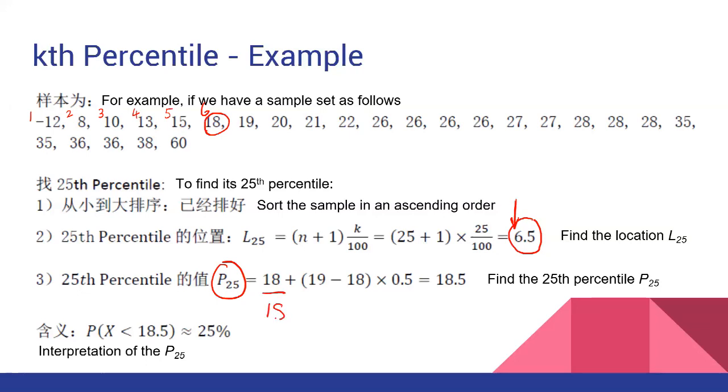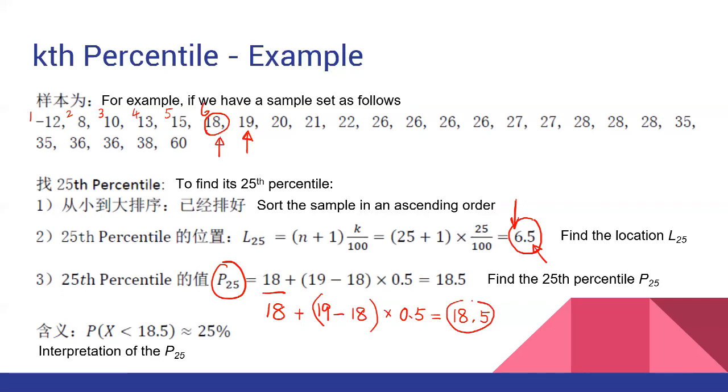The 6th element plus the next element, 19, minus this element, which is 18, times the decimal part of L25, which is 0.5. So the final result is 18.5.